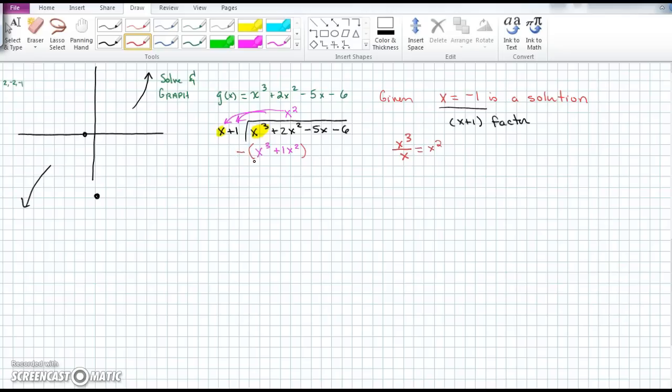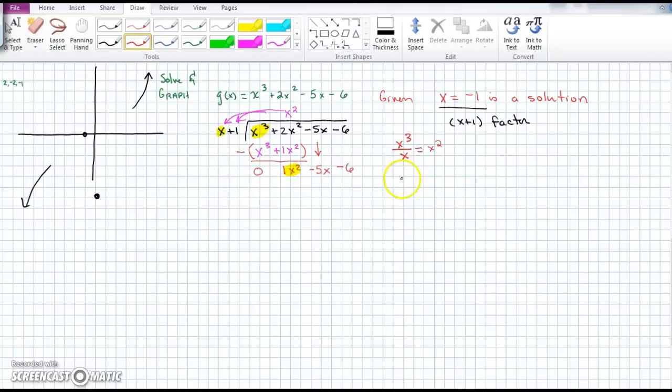X cubed minus x cubed is 0, and 2x squared minus x squared is 1x squared. And I'll bring my remaining terms down. Now I'm going to look to divide this x into 1x squared.